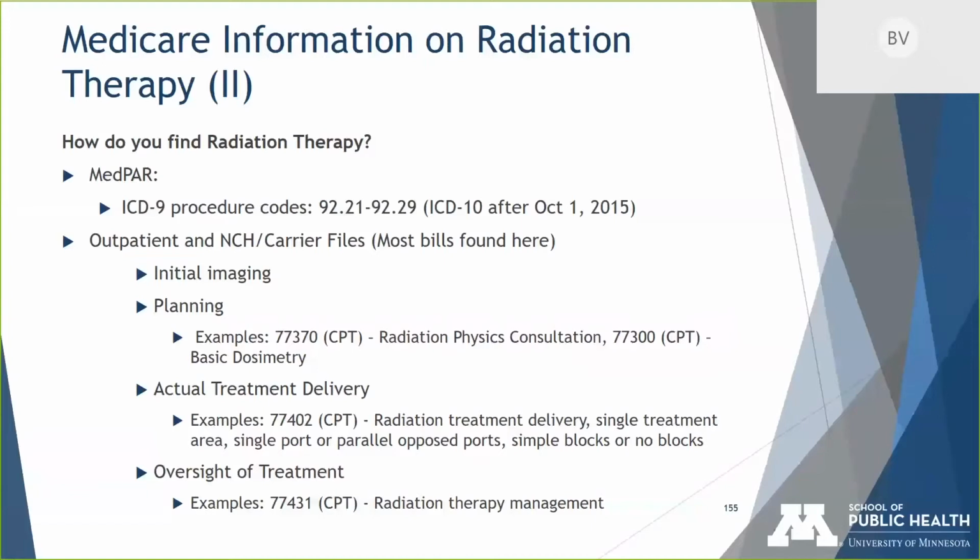You're also able to see the actual treatment delivery, so the actual radiation treatment as well as the dosing, depending on the level of detail that may be included within that CPT code. You'll also see information on the oversight or the radiation management by the physician who's overseeing the radiation therapy, again, based on the CPT code.